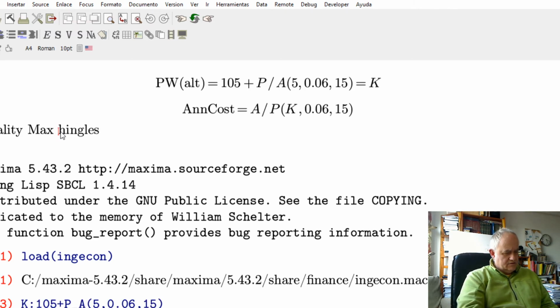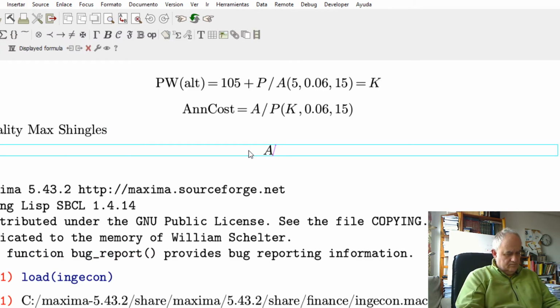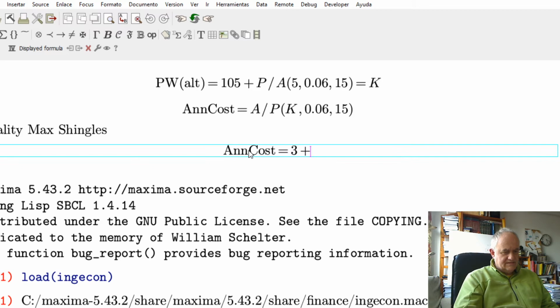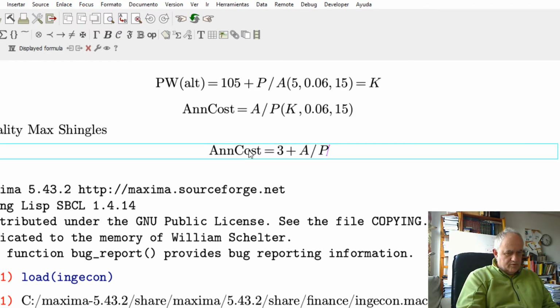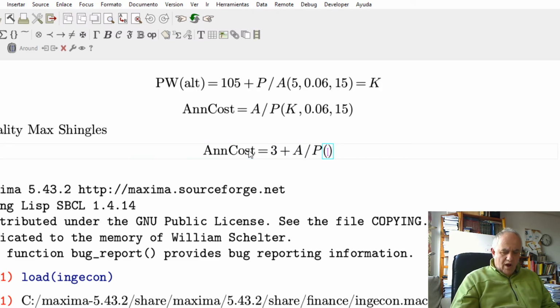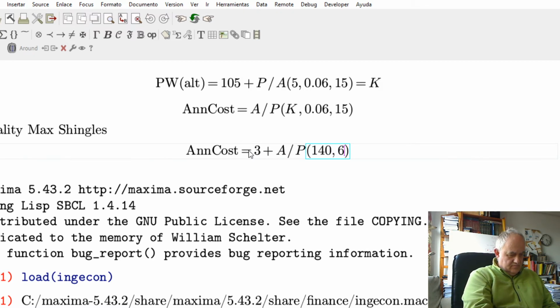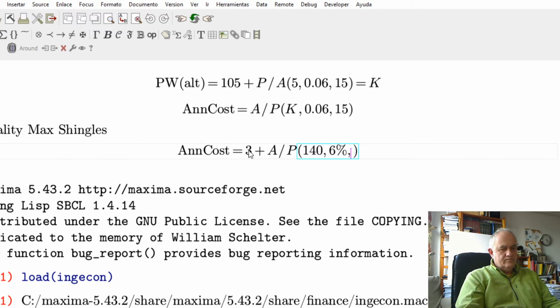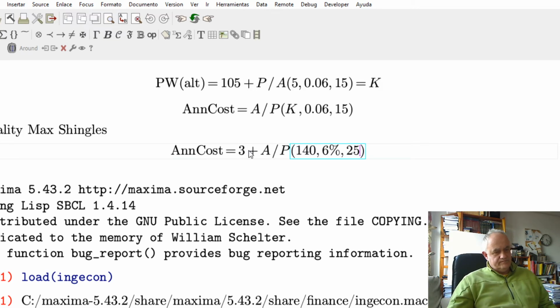Quality Max Singles has an annual cost of 3 plus the annuity corresponding to a present value of 140, 6%, 25 years.